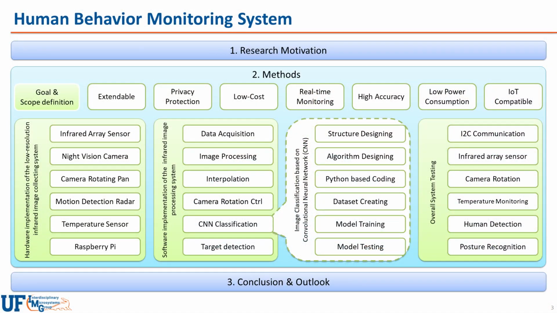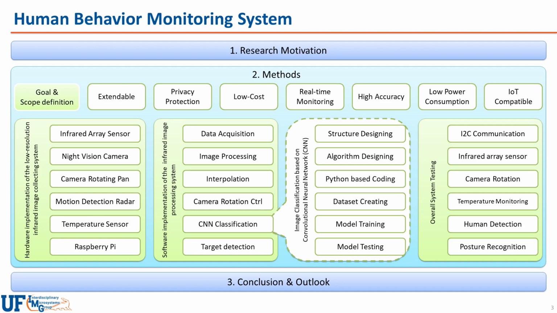The first part is the hardware implementation of this overall project. In this hardware part, we have the infrared ray sensor, the night vision camera, the camera routing pin, the motion detector radar, the temperature sensor, and also the main part of this project, the Raspberry Pi.